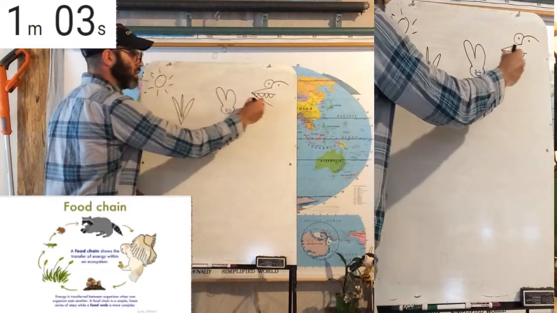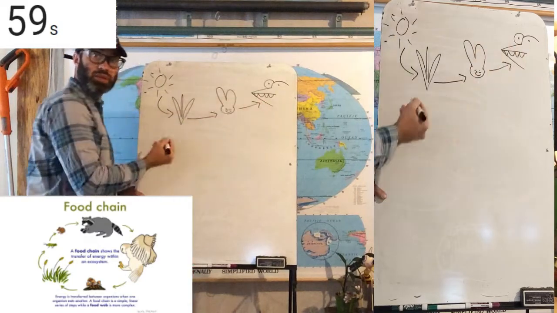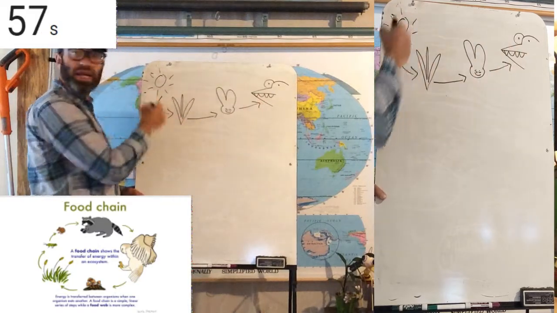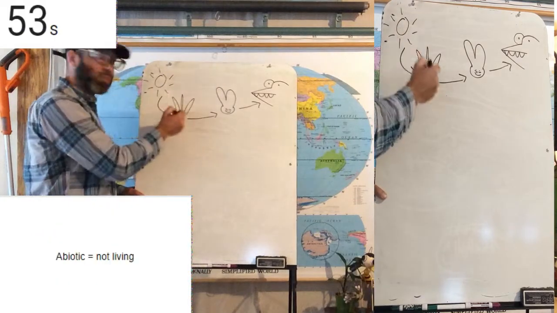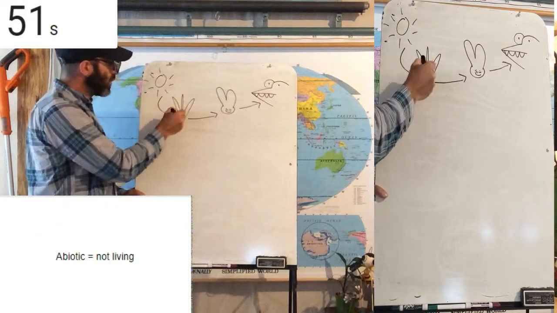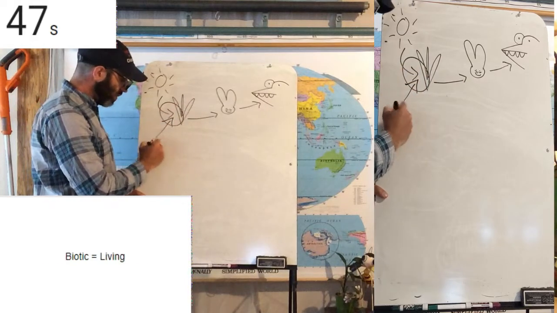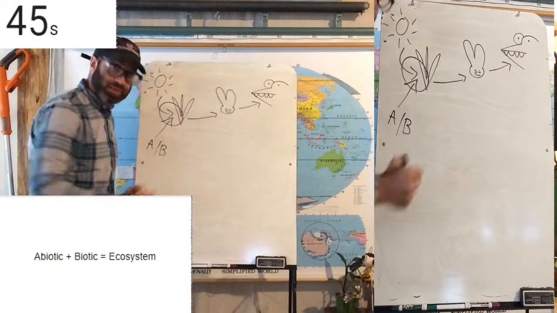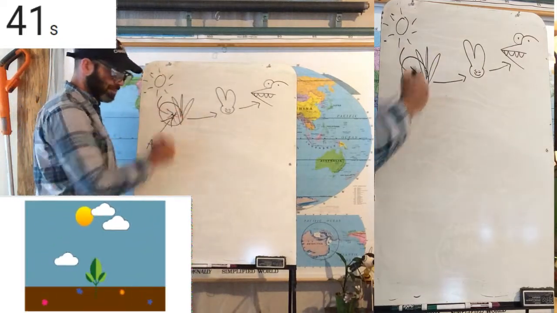The energy goes into, right? Now, light is an abiotic factor. Light is not alive, but plants are. So this point right here is the point of connection from abiotic to biotic. So let's look at what happens right here.